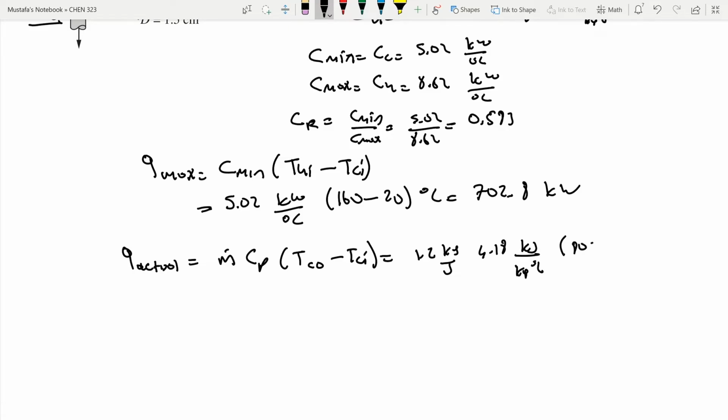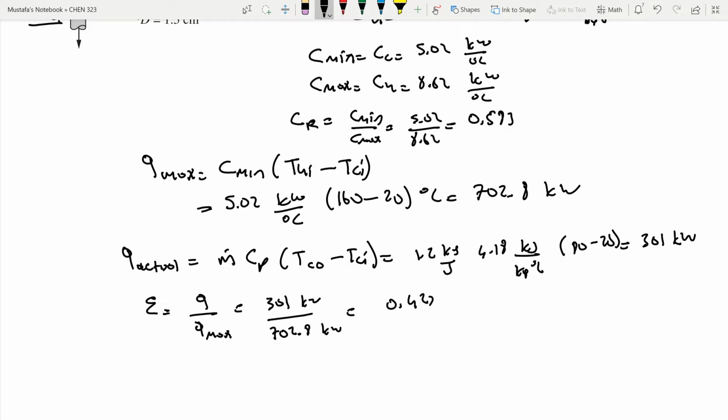I can calculate this to be 301 kilowatt. So epsilon is Q actual over Qmax, which is 301 kilowatt divided by 702.8 kilowatt. The ratio is 0.428.